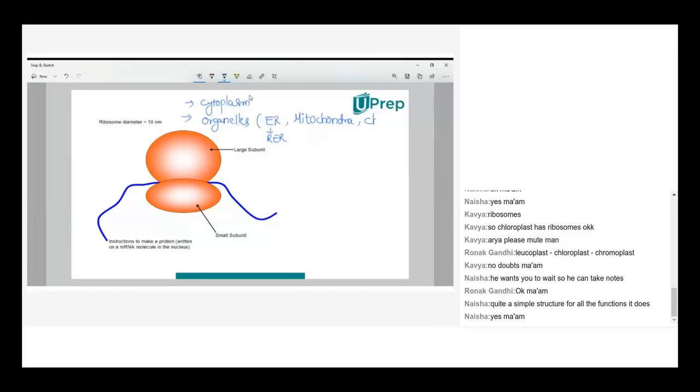Then we just discussed chloroplast. These are different cell organelles where you will find ribosomes. Such ribosomes are called organellar ribosomes because they are present in organelles. In contrast, we have cytoplasmic ribosomes, which are in the cytoplasm. Based on the position, they may exist as dimer or monomer. It depends on the functional aspect.